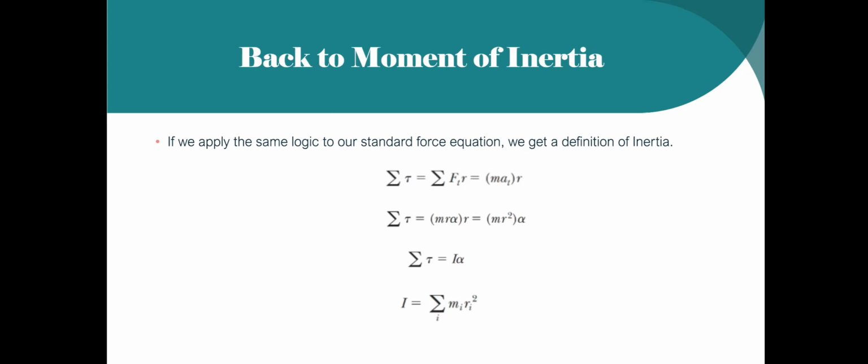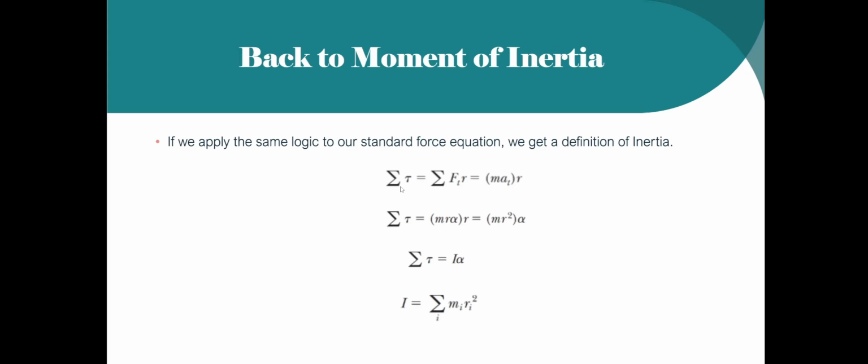Well, now that we know a little bit more about torque, it explains a lot more about the moment of inertia. Now, we're going to apply that same logic for torque as, well, if torque is just equal to force times the distance, let's go ahead and calculate out what that is. We'll use our standard force equation to get a generic standard definition for inertia.